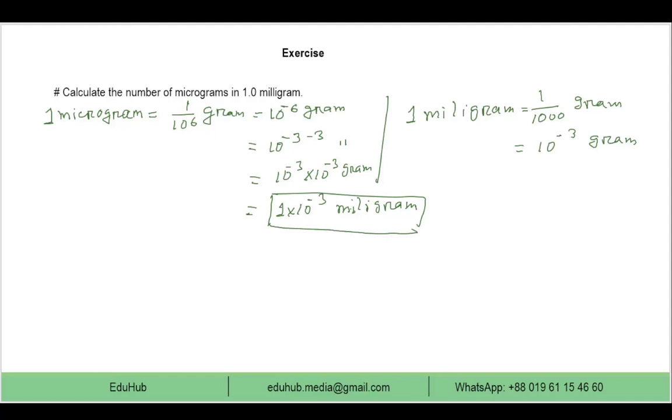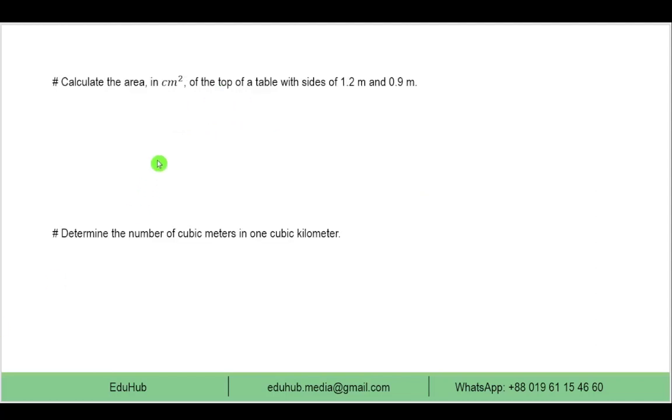So let's go to the next problem. Next problem is calculate the area in centimeter square of the top of a table with sides of 1.2 and 0.9 meter. So first of all, we have to calculate the area of the top surface of the table.